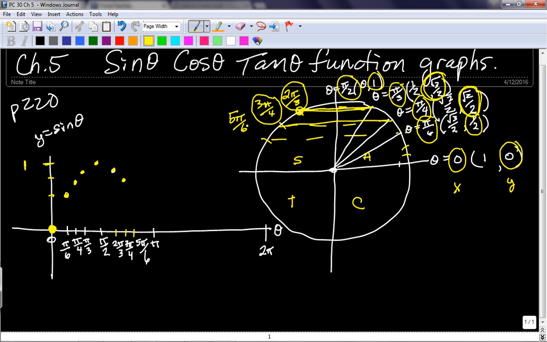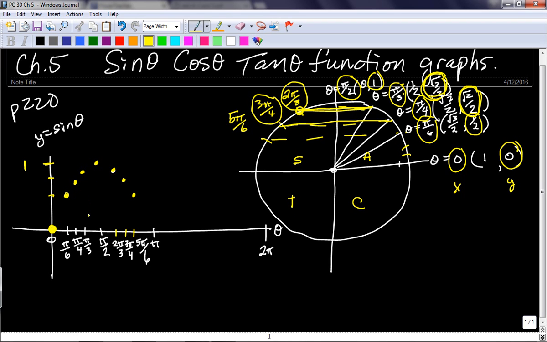Right? And then the 5 pi over 6 is 1/2. So 5 pi over 6 here is going to be this 1/2. So you see how it's symmetrical here? Those points are symmetrical, just like these values. This value is the same as pi over 3 and 2 pi over 3. And same here and here, here and here.